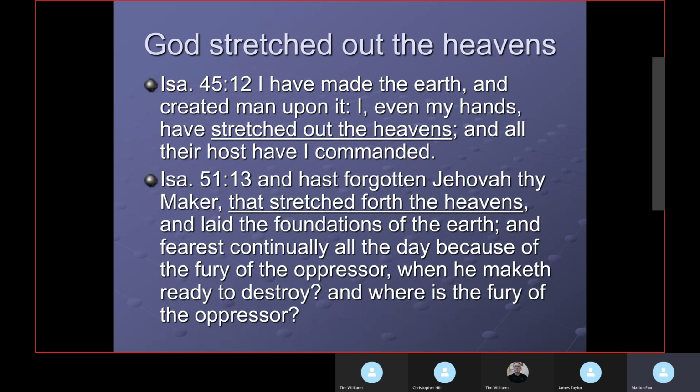In Isaiah 51:13, and hast forgotten Jehovah thy God, thy maker, that stretcheth forth the heavens and laid the foundation of the earth, and fearest continually all the day because of the fury of the oppressor, when he maketh ready to destroy. And where is the fury of the oppressor? Notice here, he laid the foundation of the earth and stretched forth the heavens.